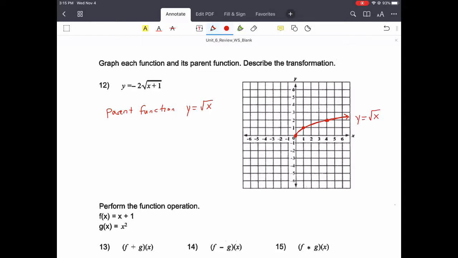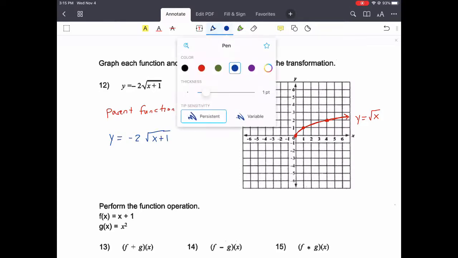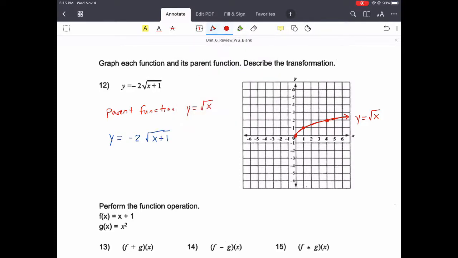Then we're looking at this particular equation here. Since they give us y equals negative 2 square root of x plus 1, we've got to figure out what transformations take place. Well, we know that the negative in front means it's reflected across the x-axis.